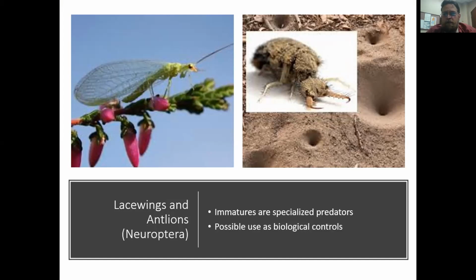Another member of this group is the antlion. You can see that attractive fella in the other image there. Not the most charming of insects, but usually found at the bottom of those cone-like structures in the sand, waiting for a hapless insect to come along and tumble down to the bottom.